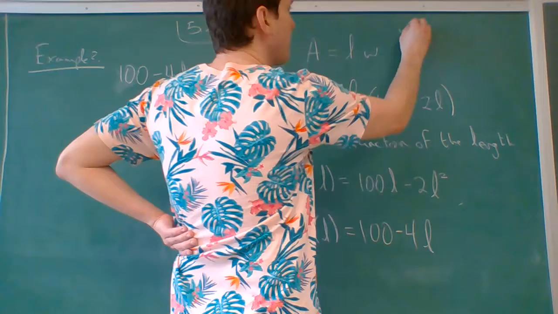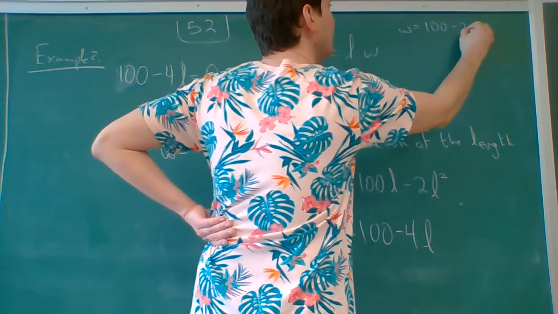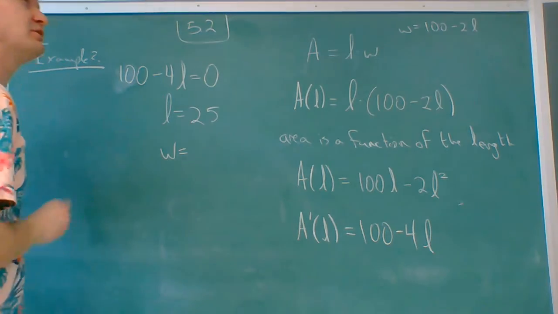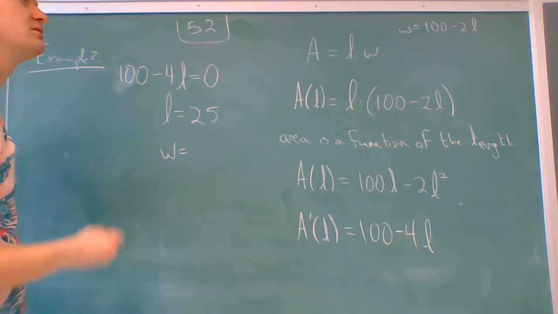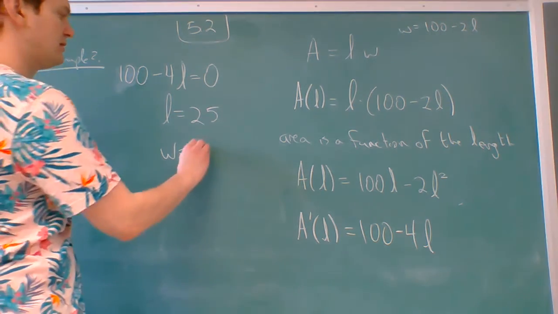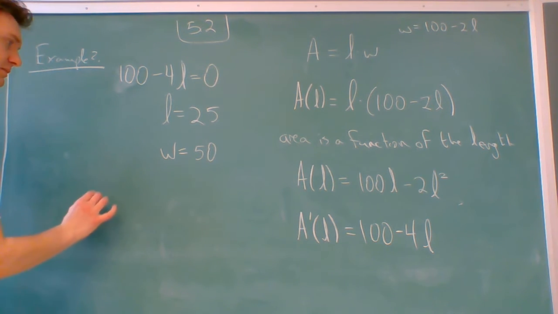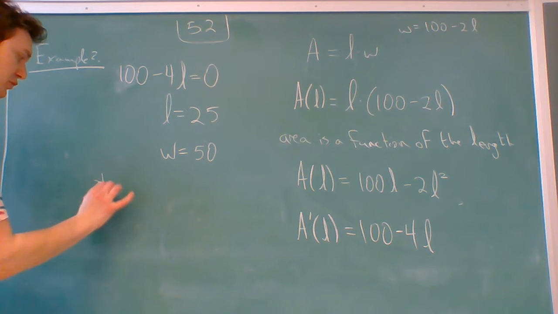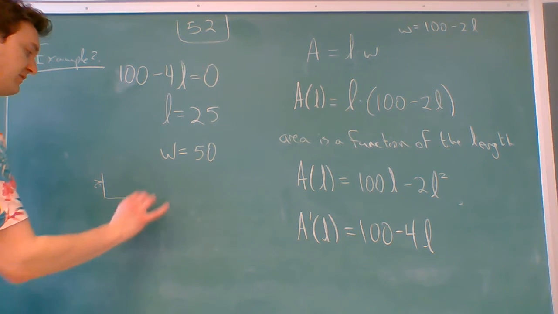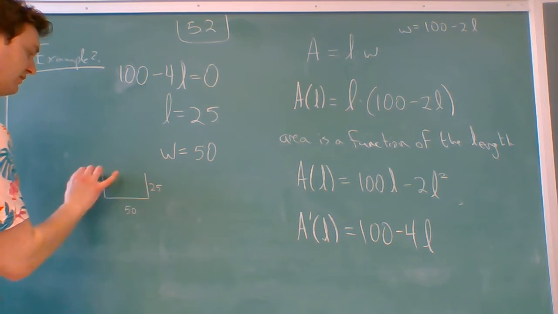Width was 100 minus 2L. So that's going to be 100 minus 2 times 25, so 100 minus 50 is 50. There are the dimensions that maximize area. So we're going to have a length of 25, a width of 50, and then a length of 25.